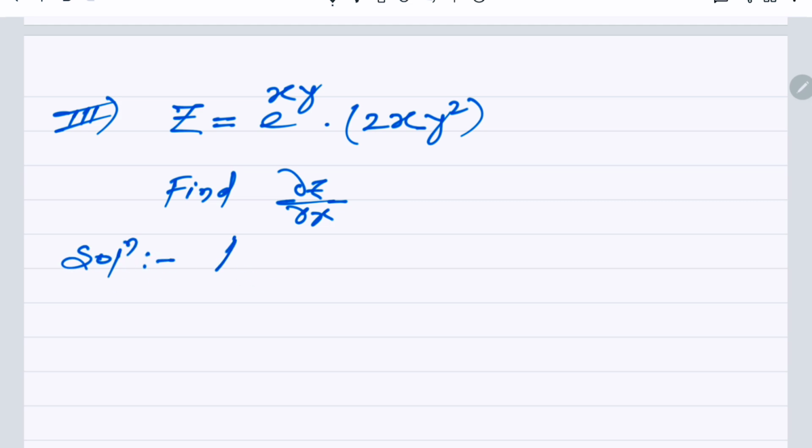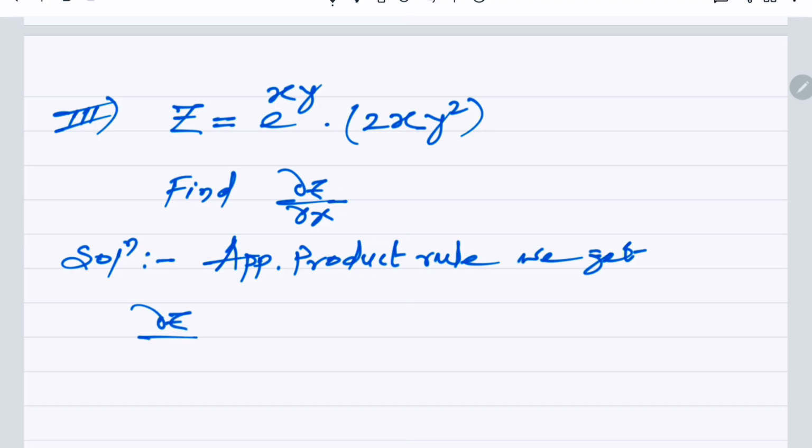Therefore, we get ∂z/∂x, keeping y constant and applying the product rule. First term e raised to xy, and the derivative of the second term with respect to x is 2y square.